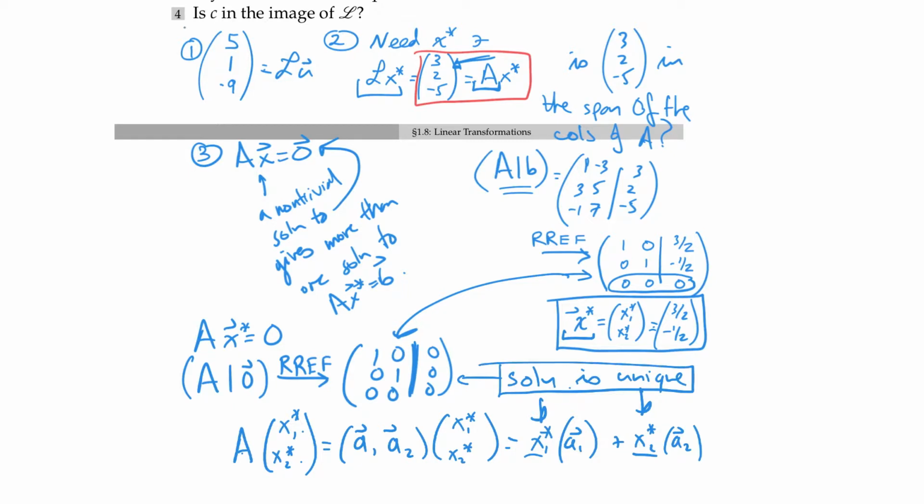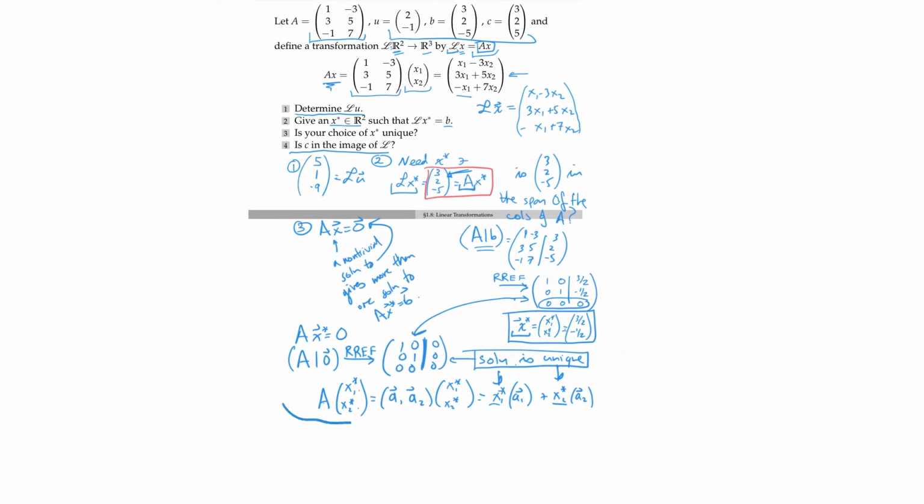And then finally, is C in the image of L? All right, let's zoom back up here. We have C, doing number 4, equals 3, 2, 5.